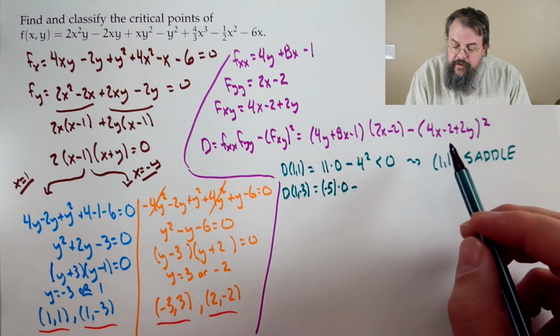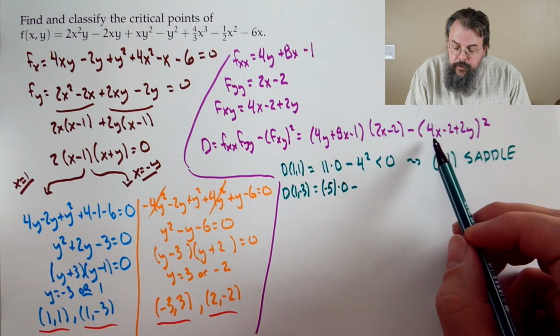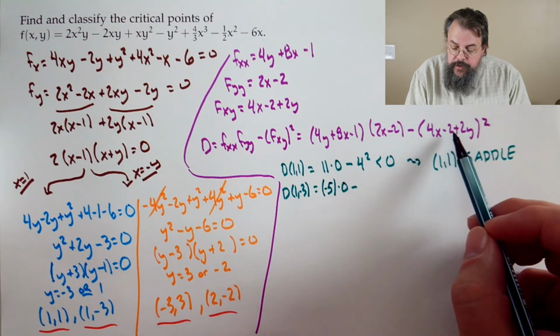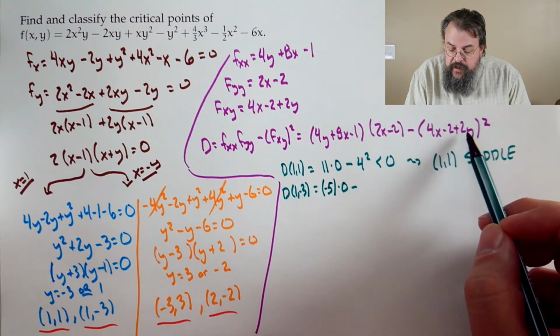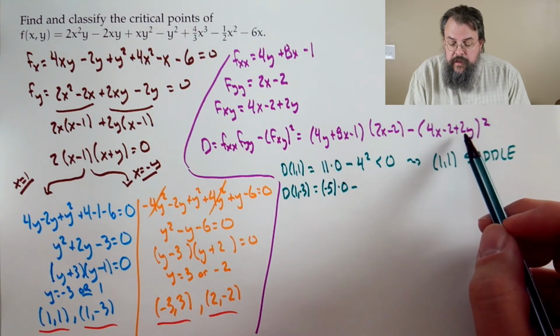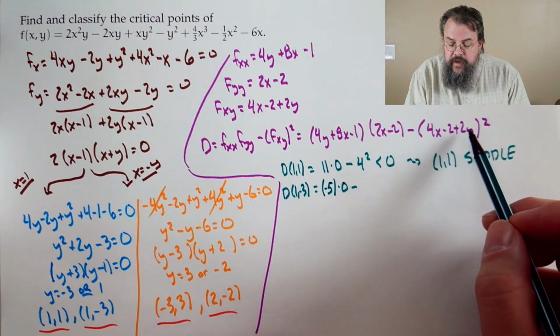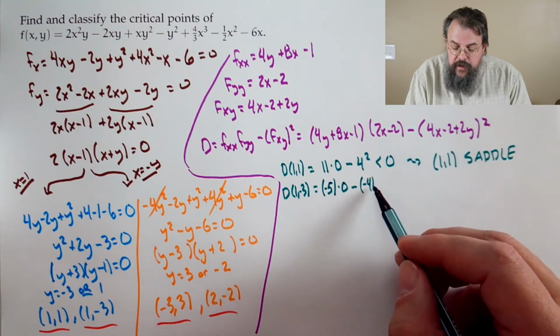Well, minus, here, we're going to have 4 times 1, 4, minus 2 is 2, and then minus 6, right? Because that's 2 times negative 3. And so 4 minus 2 minus 6 is negative 4 squared. Aha!